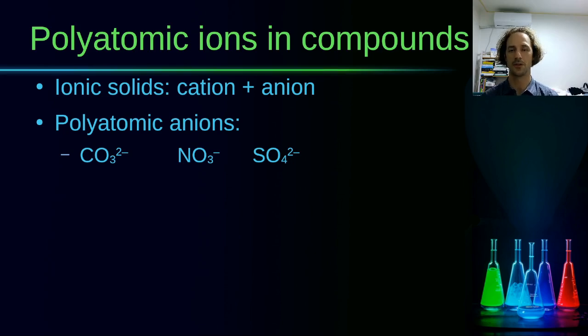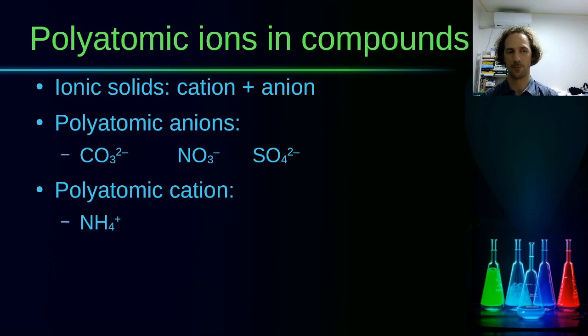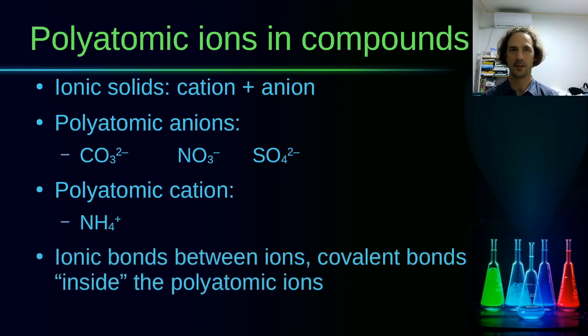For cations, the most well-known is NH4+, the ammonium cation. These can form ionic solids either with each other or with regular monoatomic ions. In that case, we have an ionic solid in which there are covalent bonds inside the polyatomic ions and ionic bonds amongst the different ions.